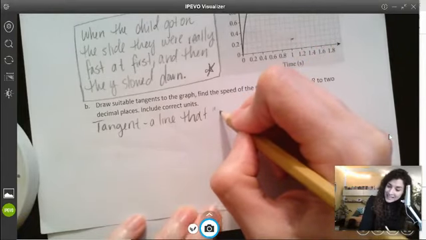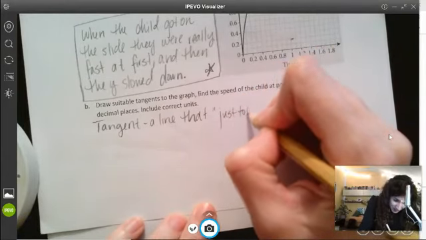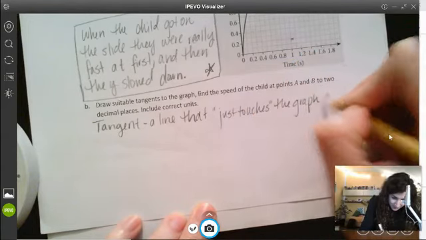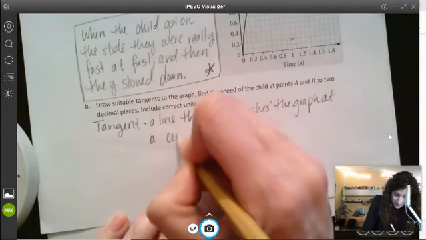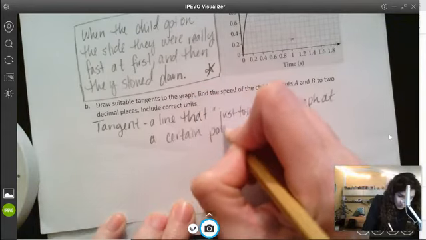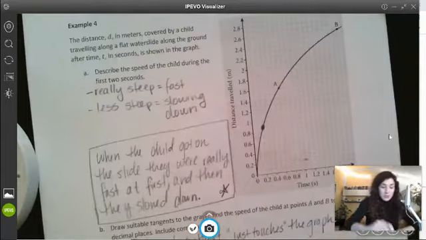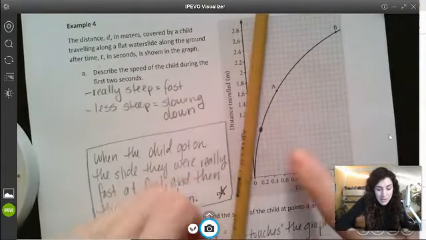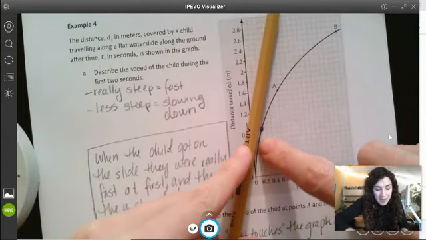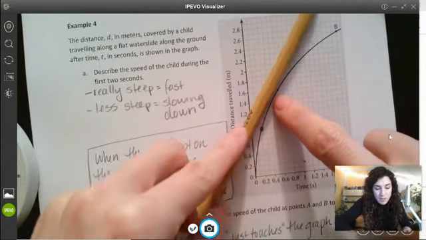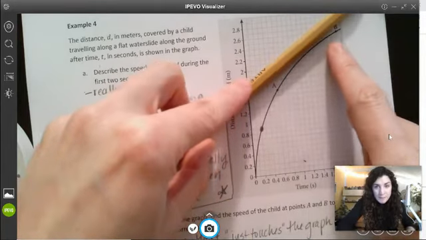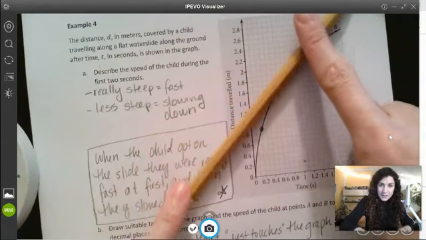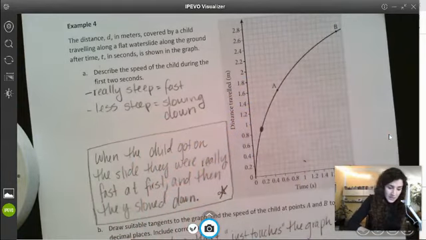A tangent is a line that just touches the graph at a certain point. As I was showing you with my pencil on this graph before, I was saying, look, it's really steep here, and I was trying to kiss this curve as I talked about what's going on. That is a tangent line.